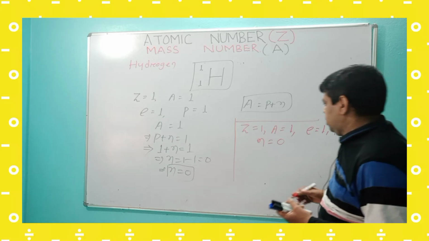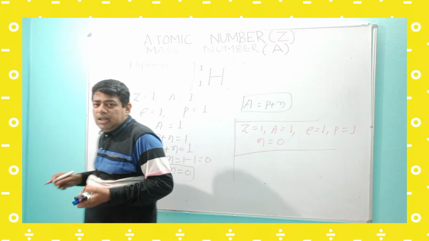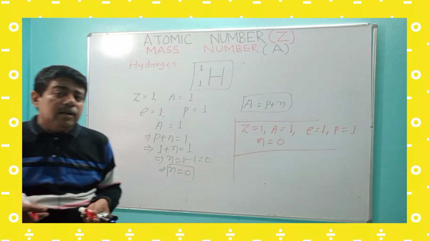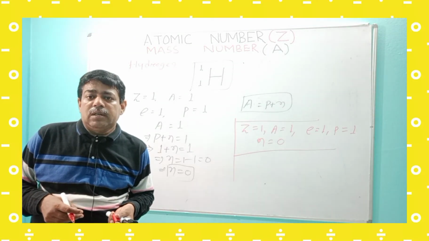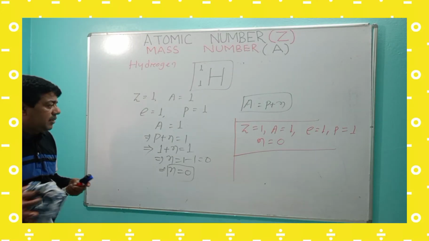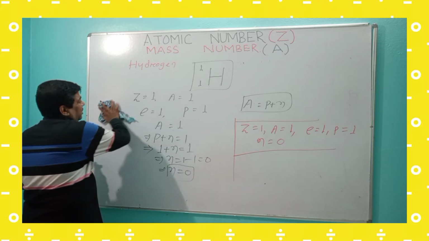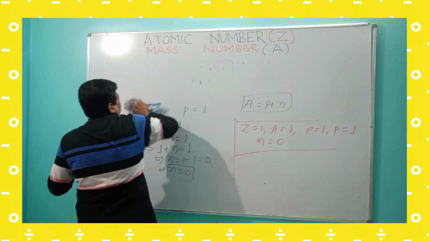Hydrogen atom has no neutron. These are the concepts we get from the atomic number and the mass number. Similarly, we will find out the number of neutrons, protons and electrons of different types of atoms. Let's see another example. Note down here. Another point you write here.